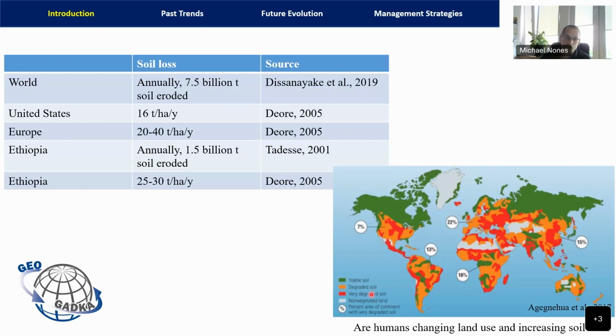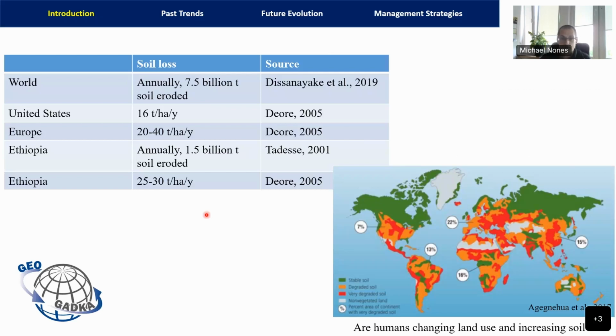These numbers seem high, but they are comparable to what happens in Europe. So today I will just show you those examples from Ethiopia, because we investigated this part of the world, but a similar situation is also common in Europe. So all those results can be somehow translated also to Europe.